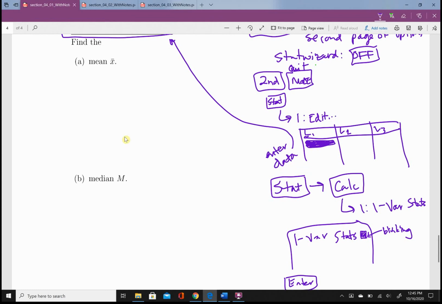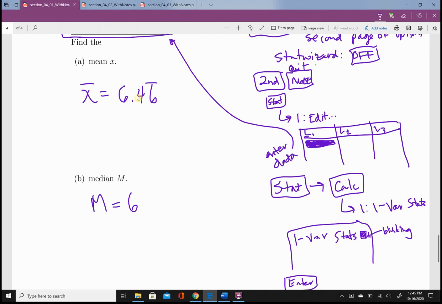The mean is the x bar, the very first thing presented in my one variable stats output. And so it'll be 6.46, and I'll put a vinculum on top of that 6 because it repeats forever. And then the median, I'll scroll down to the third to the last thing in that report. The median, m, equals 6.